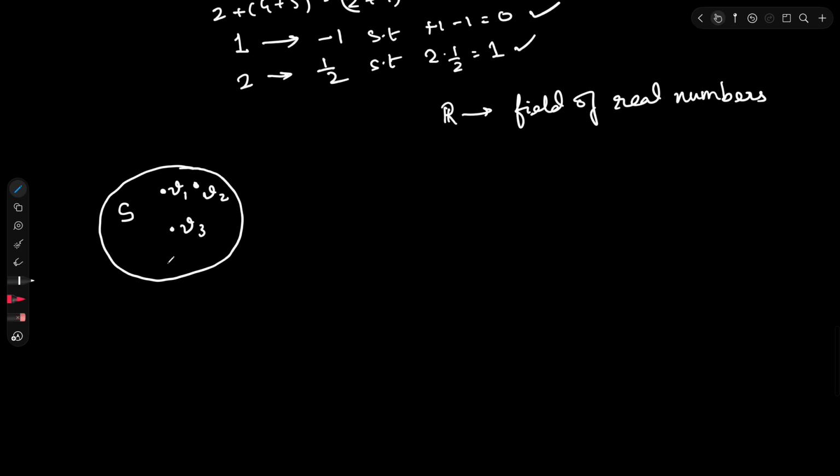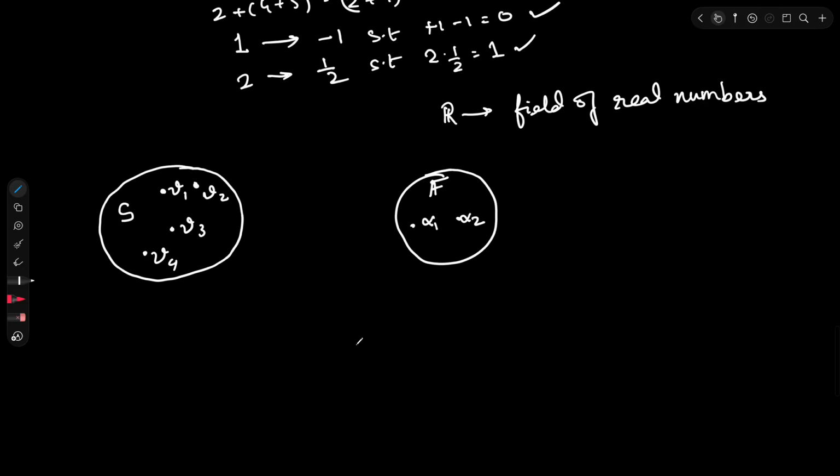Let's take four elements. And we have another set, this time a field, although every field is still a set. We have two values in the field, alpha 1 and alpha 2.